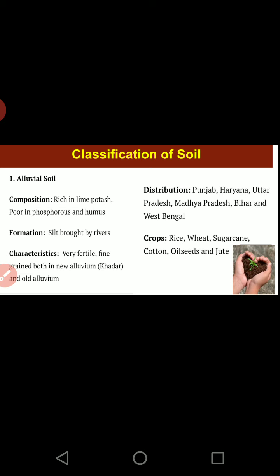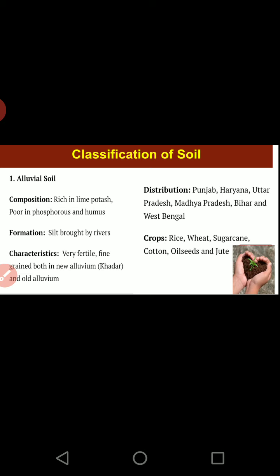Now the next thing, alluvial soils are a perfect combination of sand, silt and clay. In composition, they are rich in lime and potash.